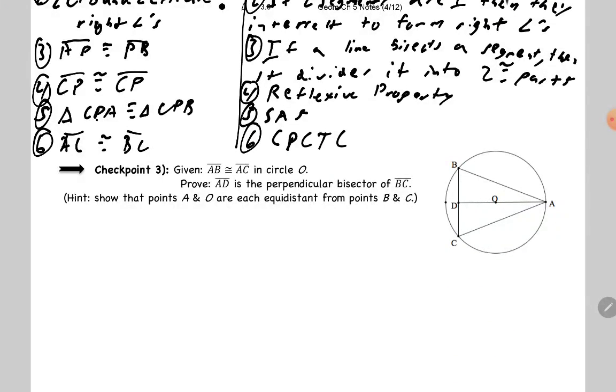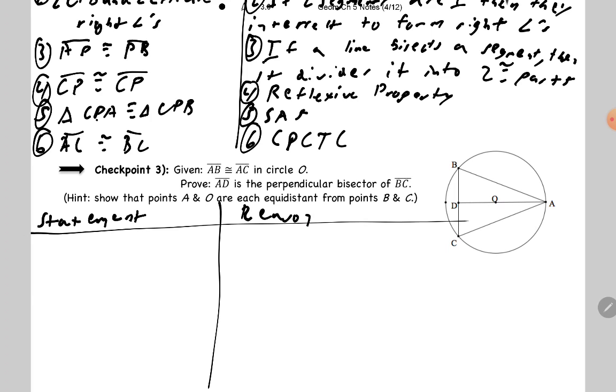Alright, checkpoint 3. Another proof. Here we go. Alright. Statement. Reason. So they tell us, we start with your given.